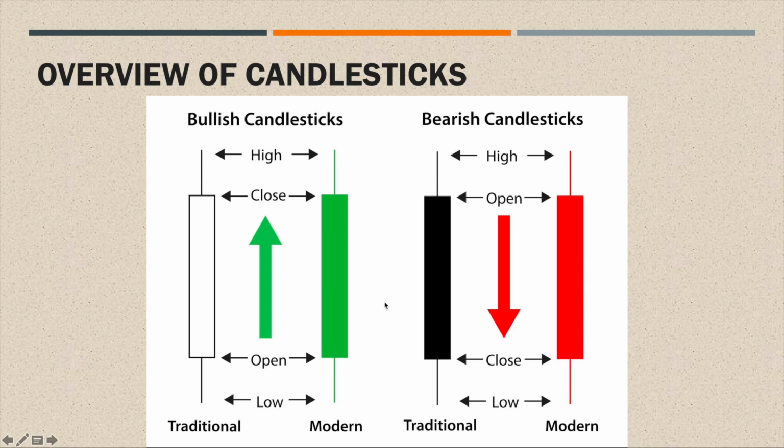Now, how do you read a candle? It's really easy to read a candlestick. So let's talk about a bullish candlestick. The way the candlestick works is you have an open price, where it shows you the open price, and then let's say we're talking about Apple stock.